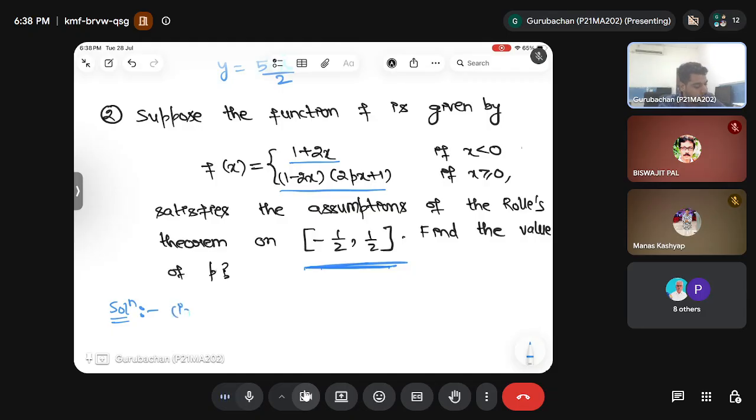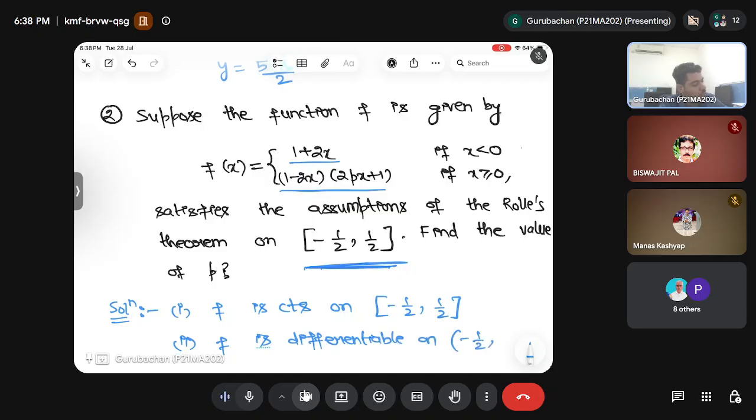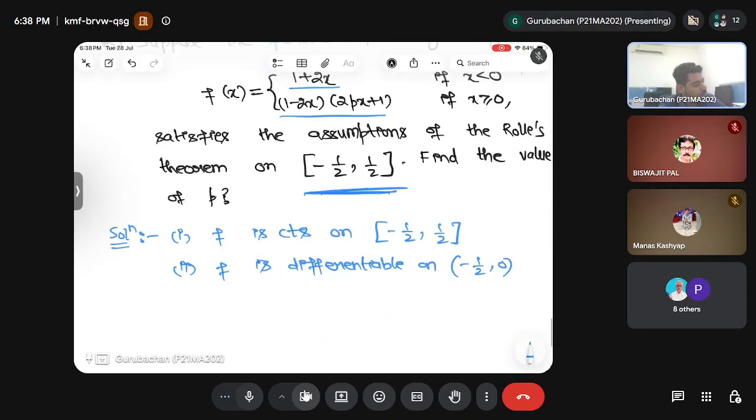So the first one is f is continuous on the whole interval minus half to half. Second, f is differentiable on minus half to 0 and 0 to half.